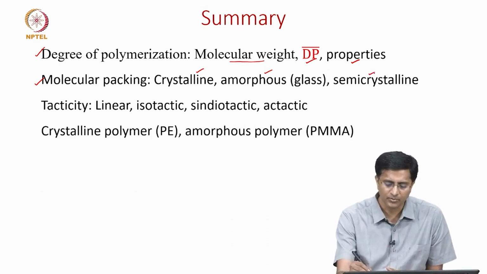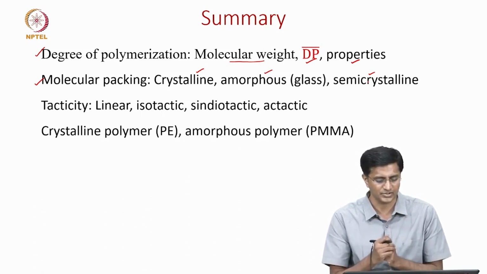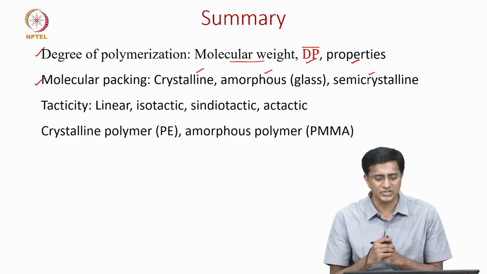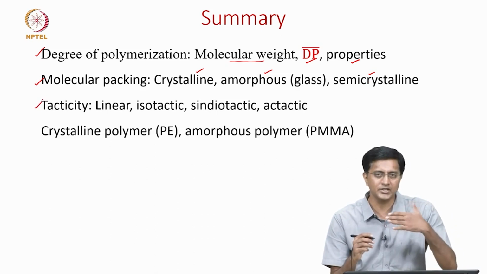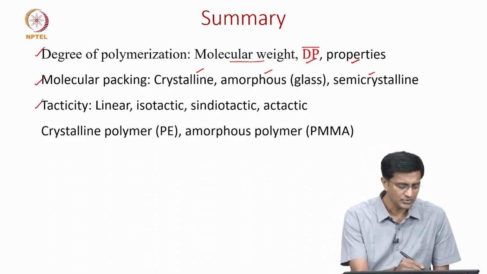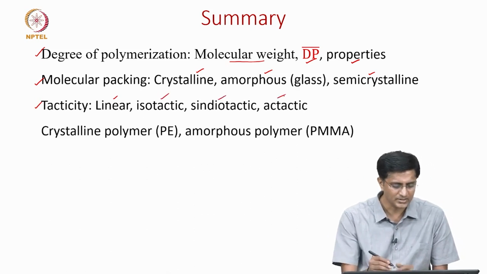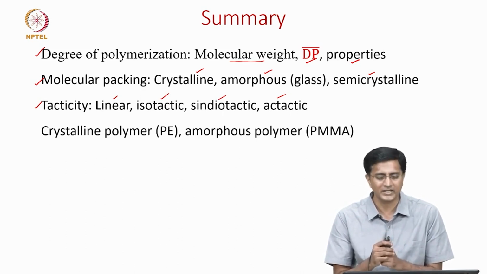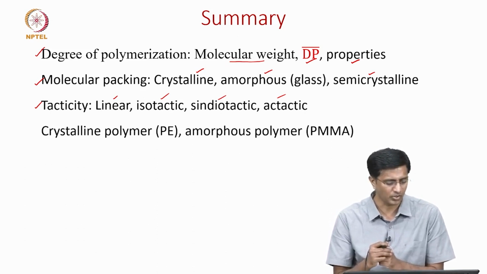Usually it is a semi-crystalline polymer, meaning it has pockets of crystalline as well as amorphous regions. One aspect that decides whether a polymer takes a crystalline or an amorphous form is the tacticity, which means how the radicals are placed along the polymer chain. We discussed isotactic, syndiotactic and atactic, and said the first two will prefer a crystalline form, whereas the atactic prefers the amorphous form.